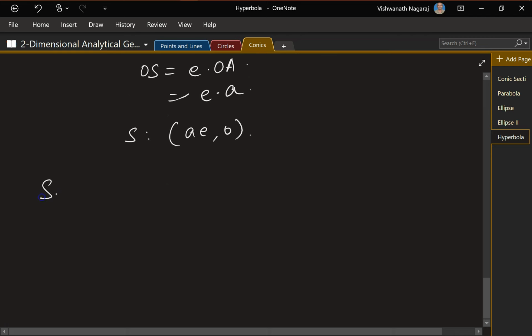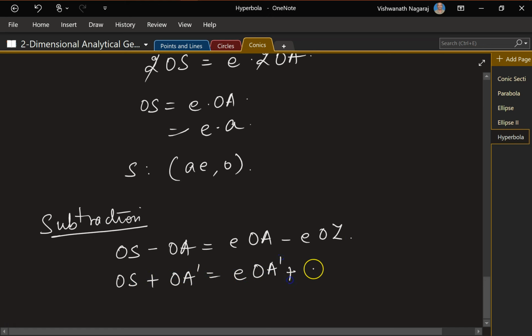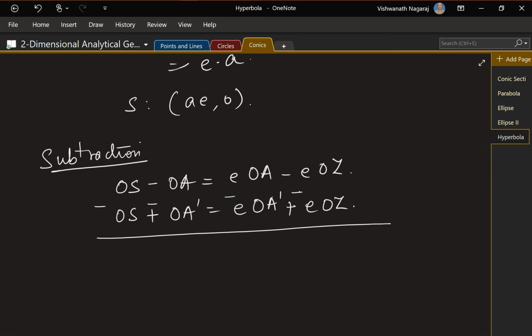Okay, now we did the addition. Let's do subtraction. So OS minus OA is equal to EOA minus EOZ. OS plus OA prime is equal to EOA prime plus EOZ. Now let's subtract. Minus, minus, minus, minus. Okay, so OS gets cancelled.